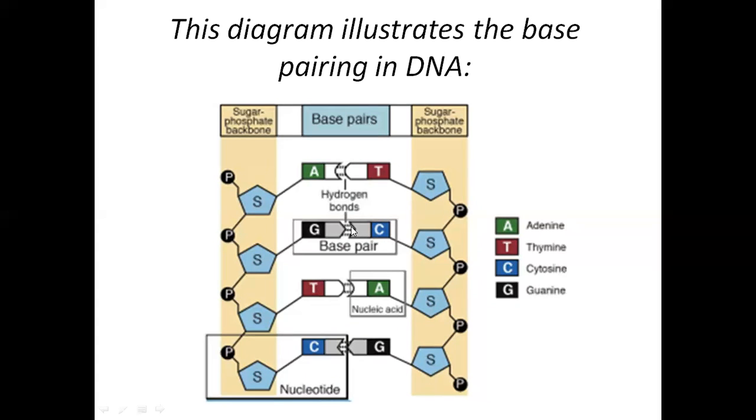That's what holds the two strands of the DNA together. So within your DNA, there's a single nucleotide with a phosphate, a sugar, and a base. These nucleotides fit together to form the strands of the DNA, and one strand is held to the other strand by hydrogen bonding between the bases.